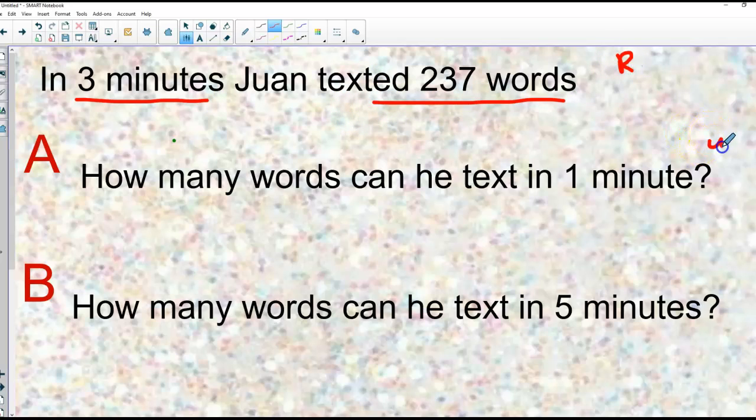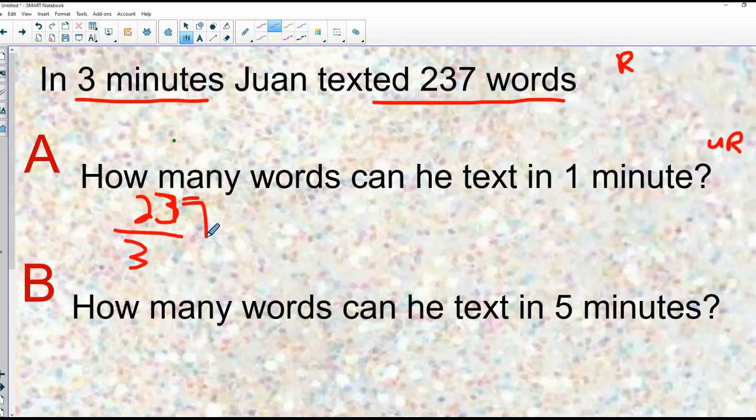We need to figure out the unit rate, how much it is for 1. And we do so by dividing. What goes on the bottom is what you're trying to find one of. I want to know a minute. So I'm going to put the 3 on the bottom and the 237 on the top here. Because I want to know how much is being done for 1 minute.